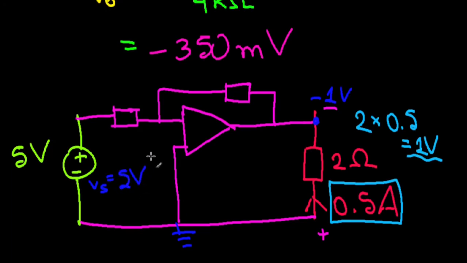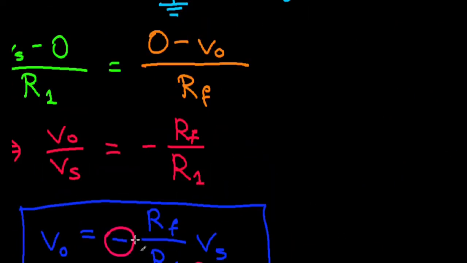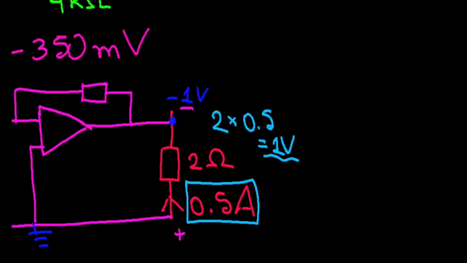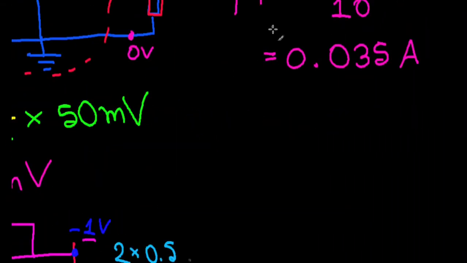All right. So let's actually plug these into our formula right here. V naught by Vs is equal to negative R sub F divided by R1.